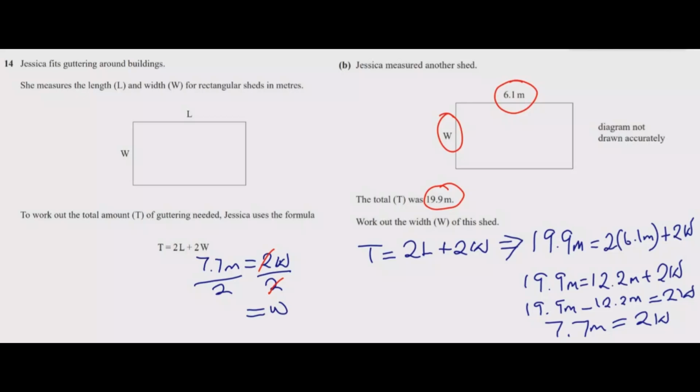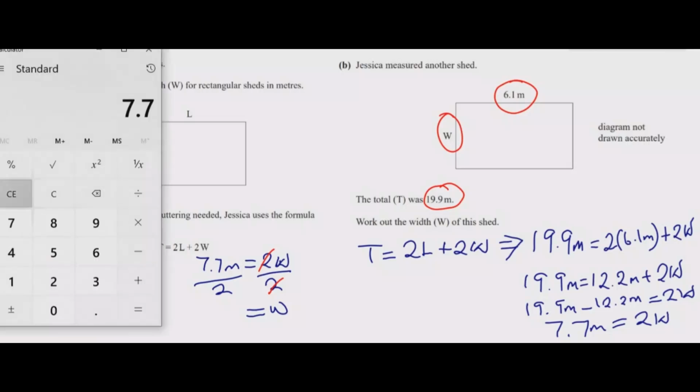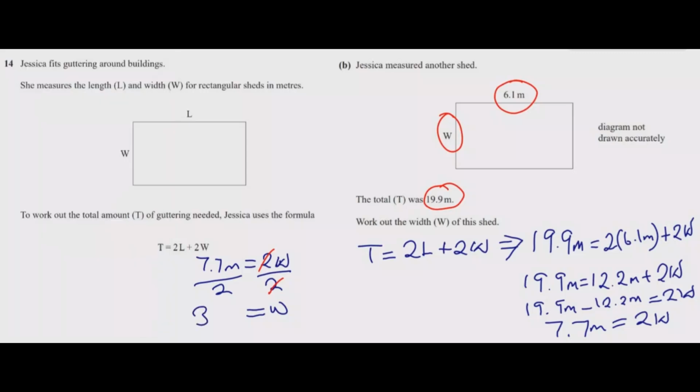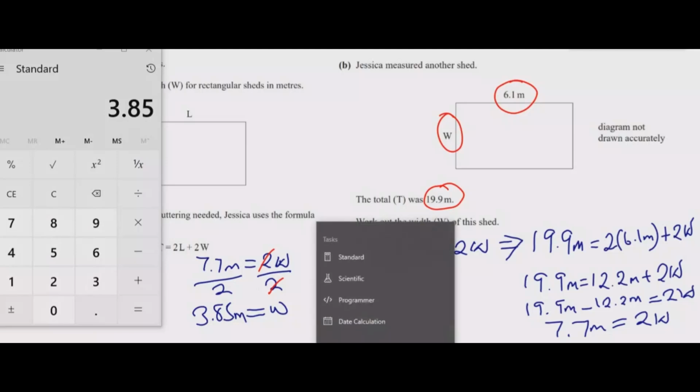Then we go back to our calculator and find the value of 7.7 meters divided by 2. So 7.7 divided by 2 will give us 3.85, if I'm not mistaken, meters.